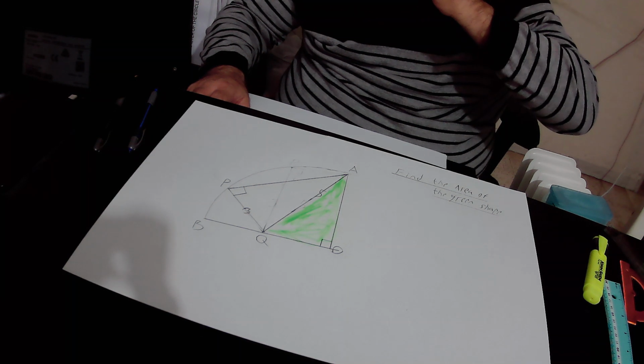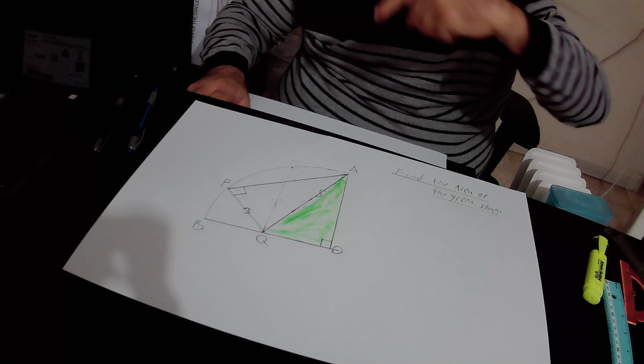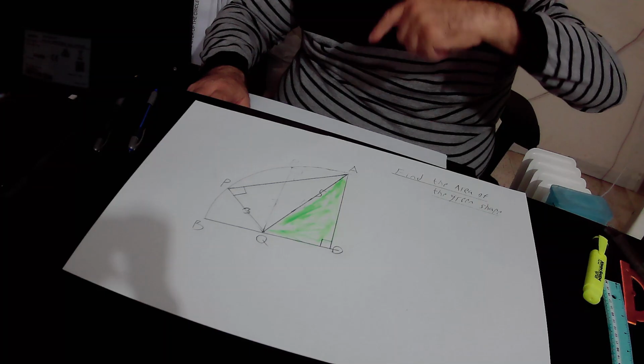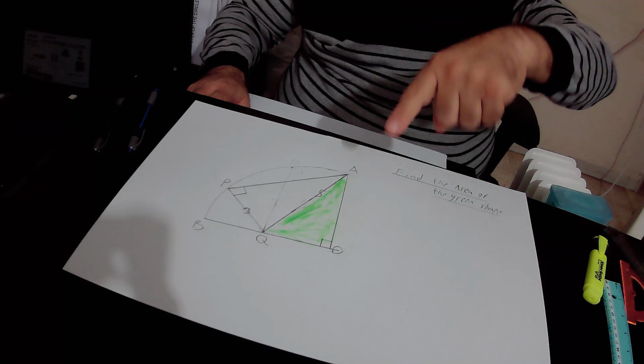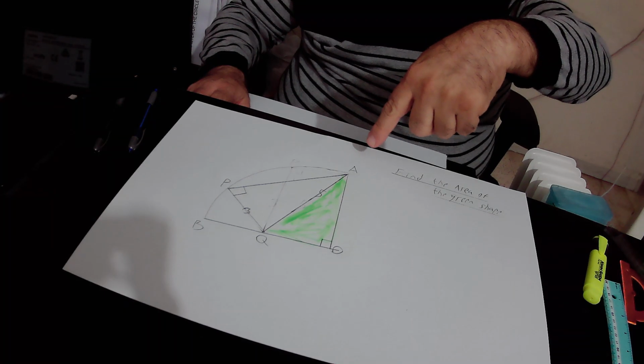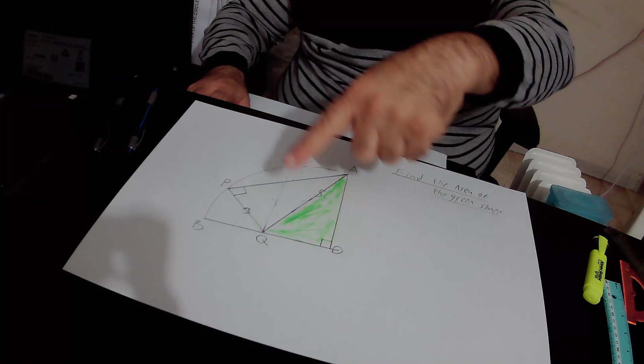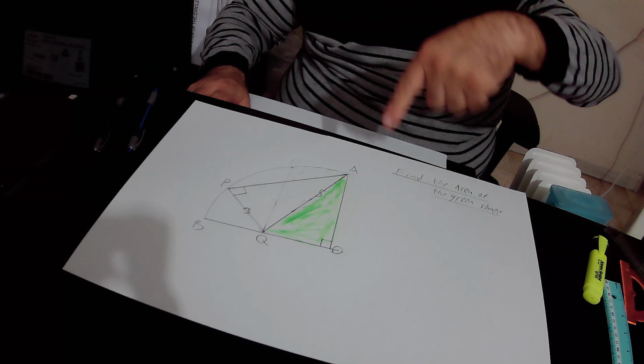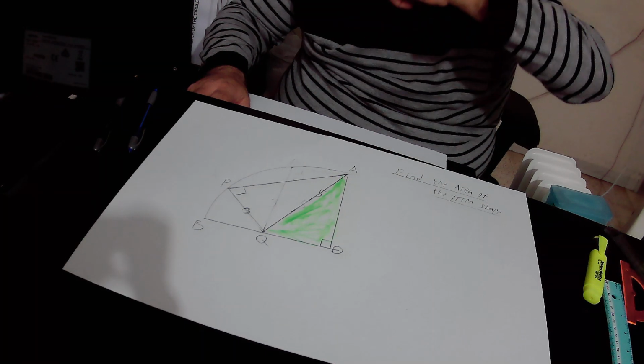Our mission is to find out the area of the green shape that is actually a right triangle. So our mission is to find out the area of the right triangle AOQ, the right green triangle AOQ.